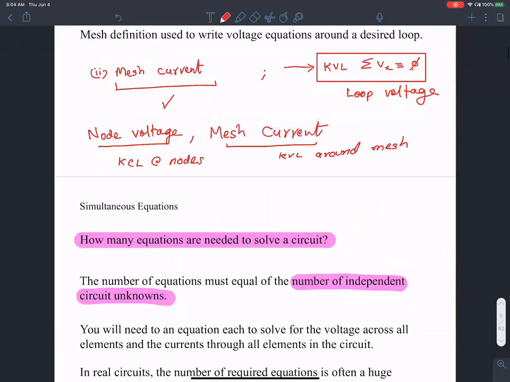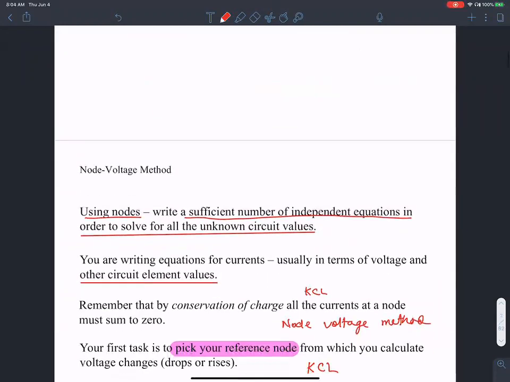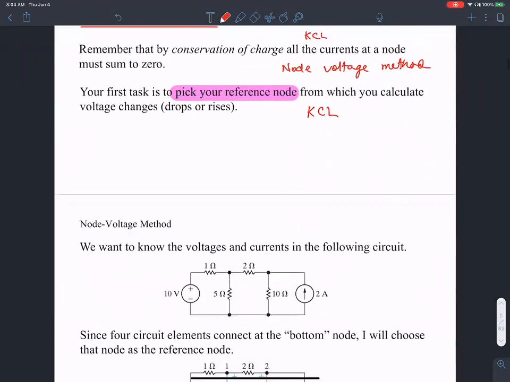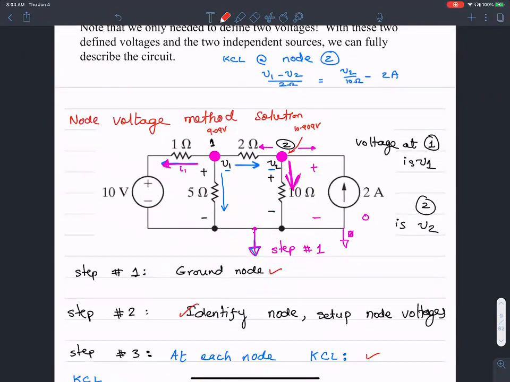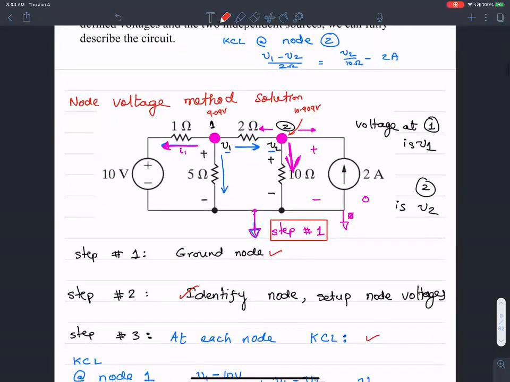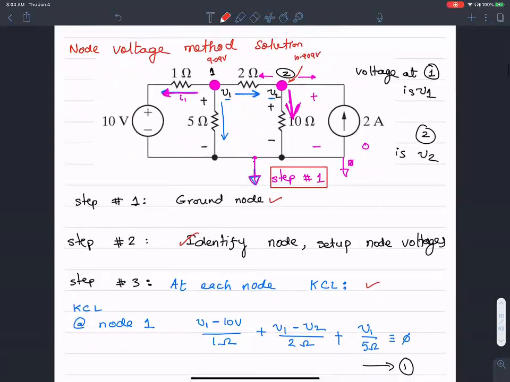In relation to that, we looked at a couple of problems, and I showed you the generic approach. Step one, we start by finding a reference node. Step two is to identify the different nodes and set up node voltages. Then the next step is to write KCL at each node and then solve the resulting system of linear equations to arrive at the answers for the unknowns.